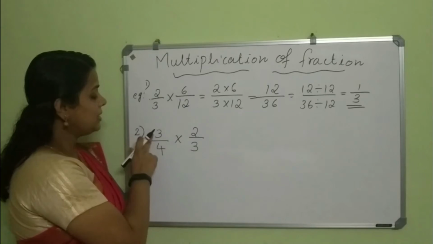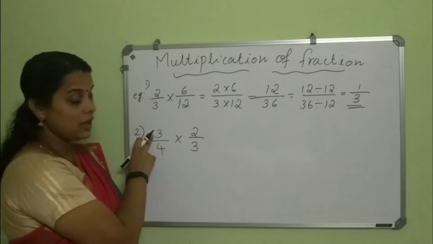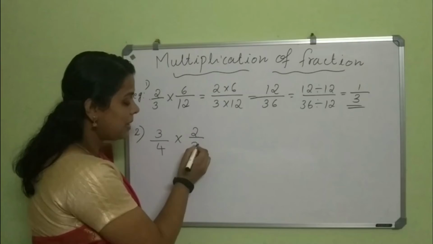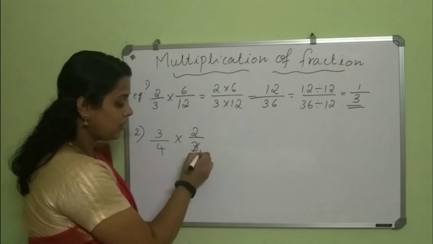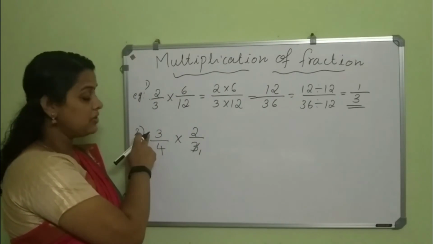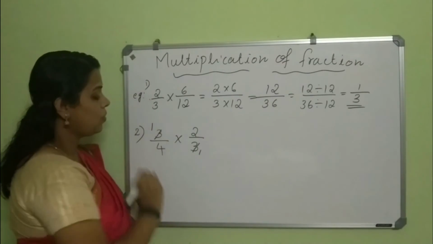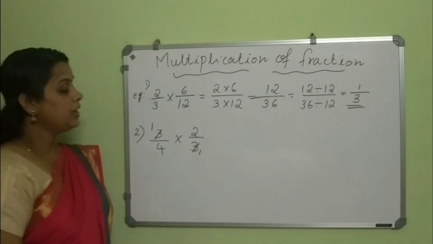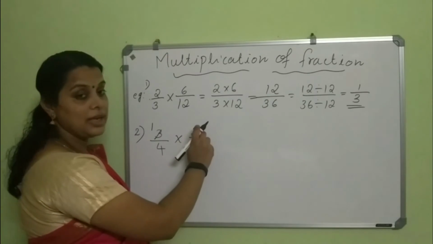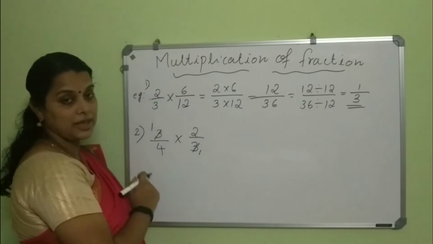The common factors of this 3 and this 3 are 1 and 3. So we can divide this 3 by 3 and we will get 1. At the same time we do the same division in the other 3, 3 by 3 also 1. What is remaining? In the numerator 2 is there, in the denominator 4 is there.